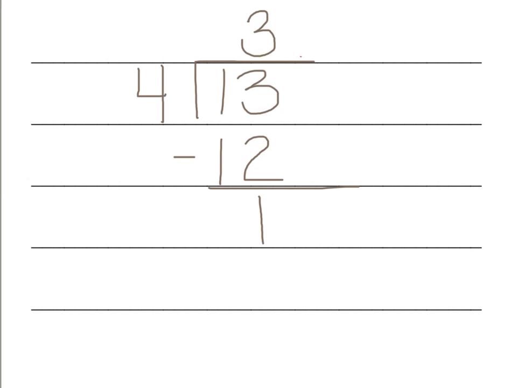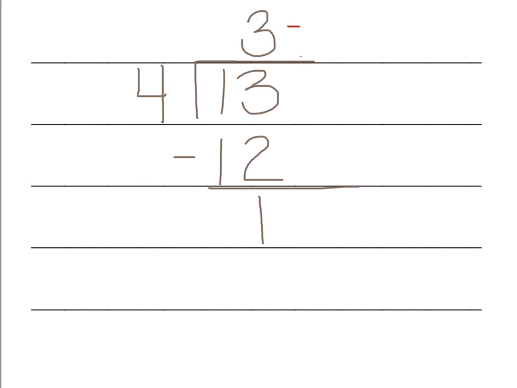Now, can you explain to me what I would do with my remainder? Go ahead and write it down. Say it out loud. And let me tell you what I would say, and we'll see how well you matched.